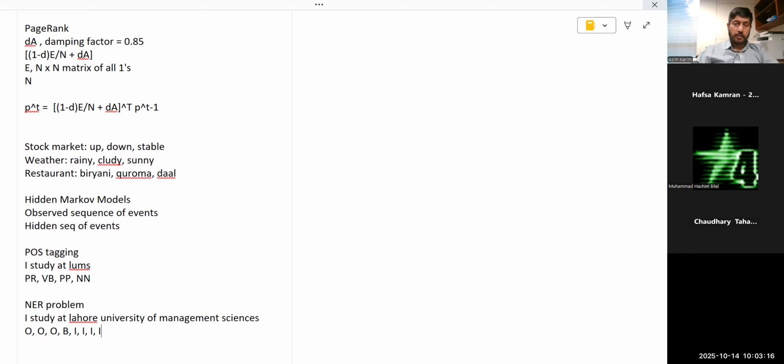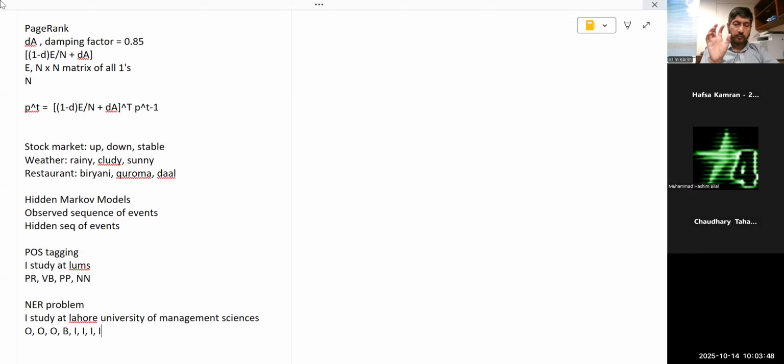Okay, so the named entity recognition problem is another problem which is modeled by two sequences. The observed sequence is a sequence of words, and the hidden or latent sequence that we want to find is a sequence of tags for those words such that we want to find the words in that sequence that represent names of companies, names of persons, and so on.